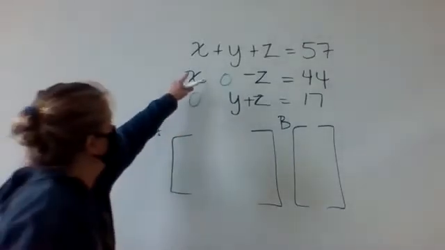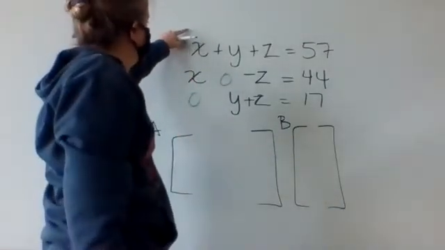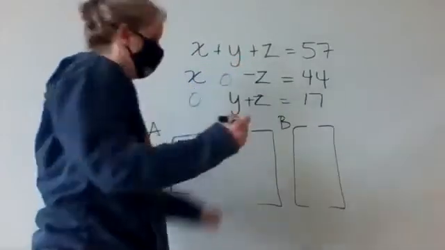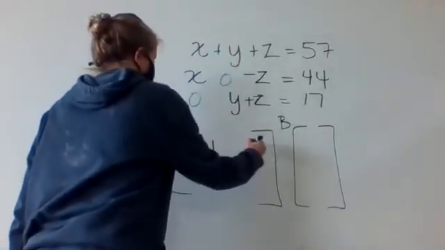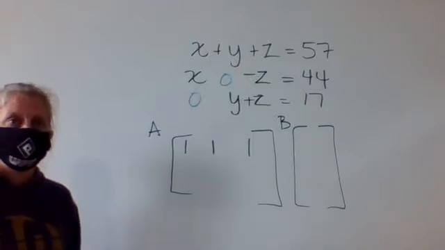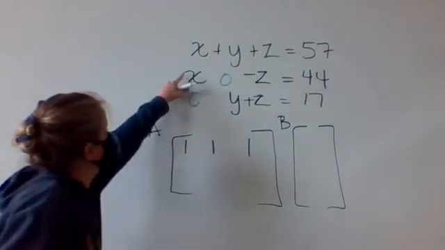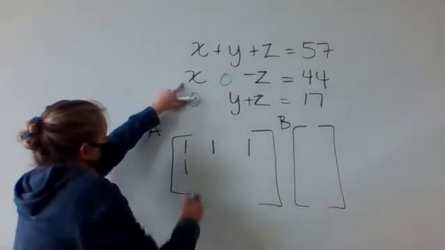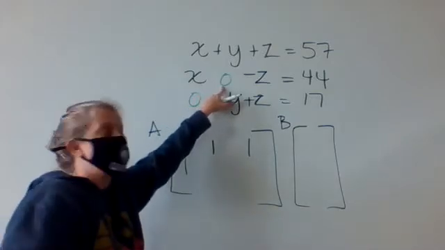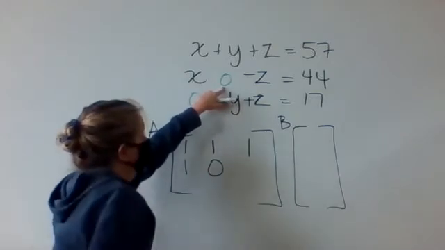So the top row of my matrix, remember, you're just using the numbers. So this will be 1, 1, and 1. The second row of the matrix, in front of my X is a 1. There was a 0 in place of the Y, right? There's no Y here, so I'll just put a 0.